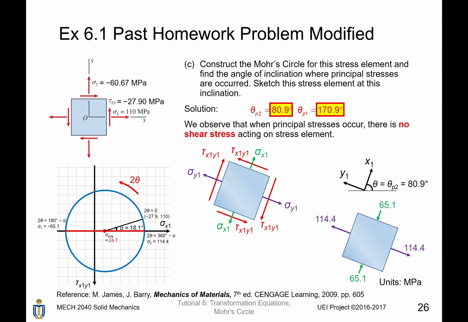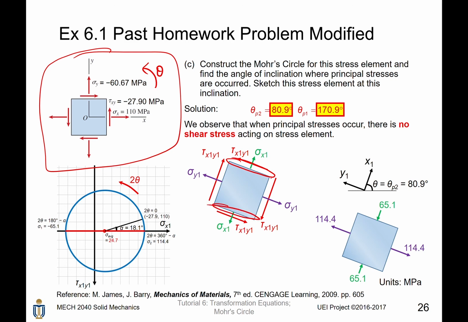After we get theta p2 and theta p1, we can construct the sketch of this stress element. Rotating this stress element counterclockwise by an angle of 80.9 degrees means that those two surfaces represent 80.9 degrees, while those two surfaces represent 170.9 degrees.